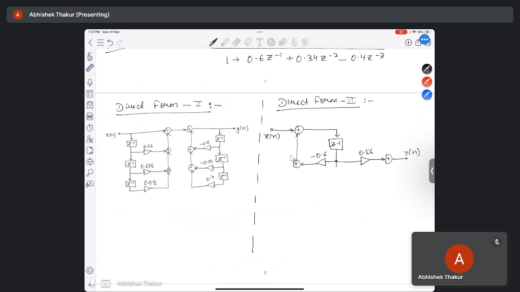Okay. So now again there will be a second delay unit. In the second delay unit, there will be two multipliers. So what are those values? Minus 0.34 from the pole side, and for the zero side 0.638.